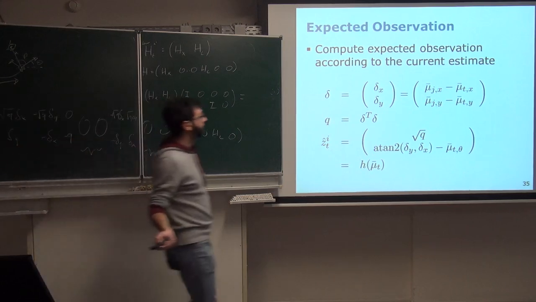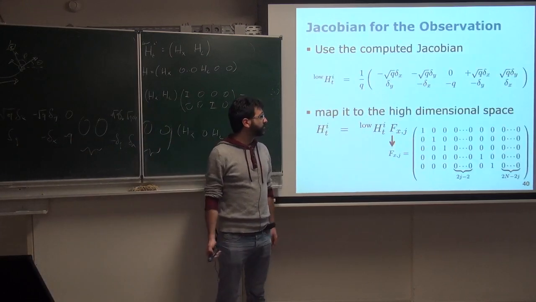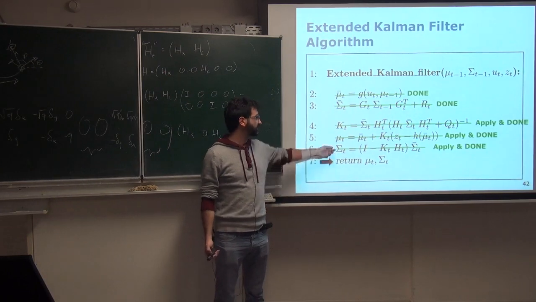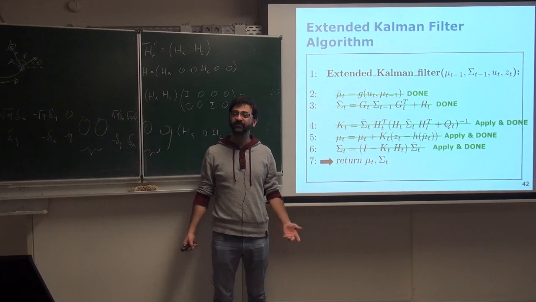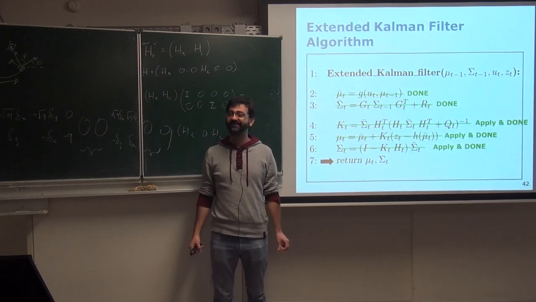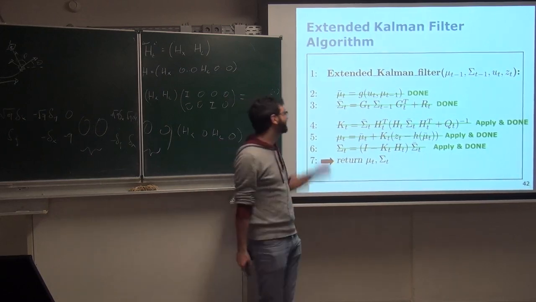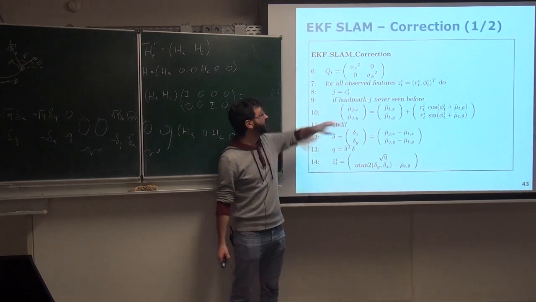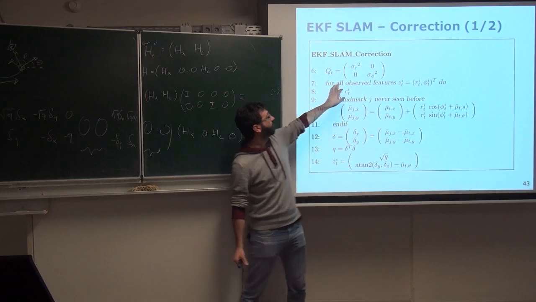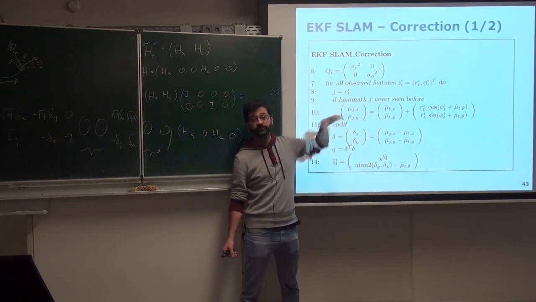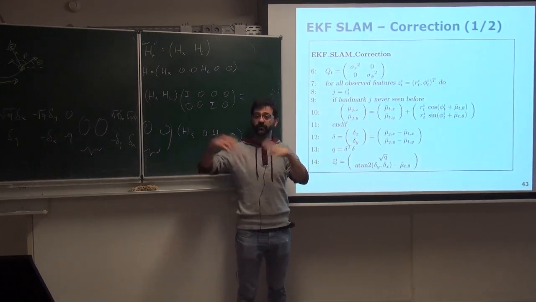Okay, so what's actually missing from here is, I haven't told you how to do exactly the initialization of the unknown or unseen landmark, did I? Yeah, so that's how we do it. So now you can see a bit expanded version of everything in here, is that we can actually have multiple features to observe at every time, so we need to consider all of them together in the update.